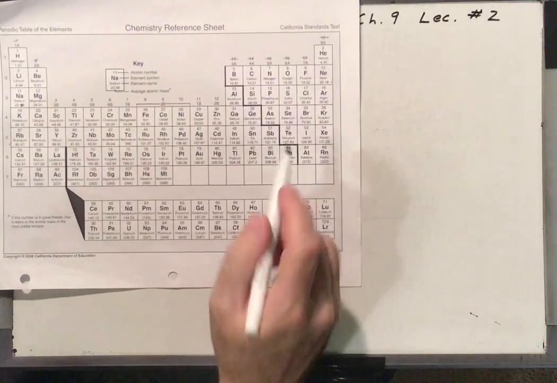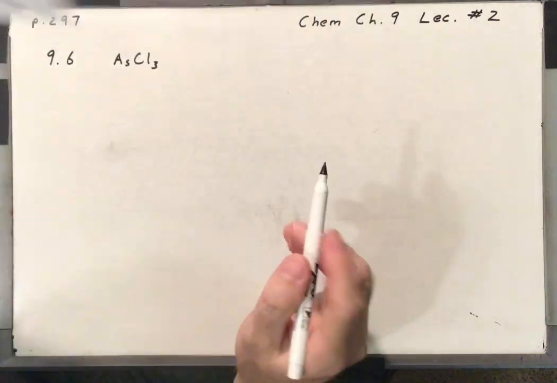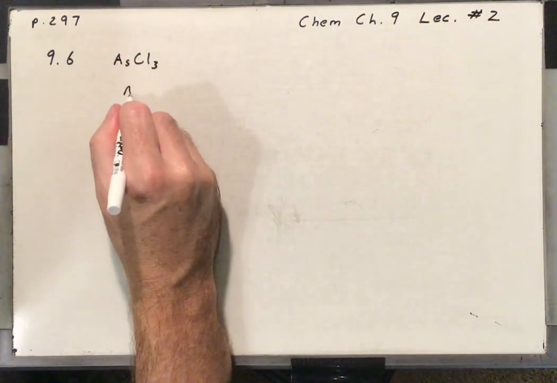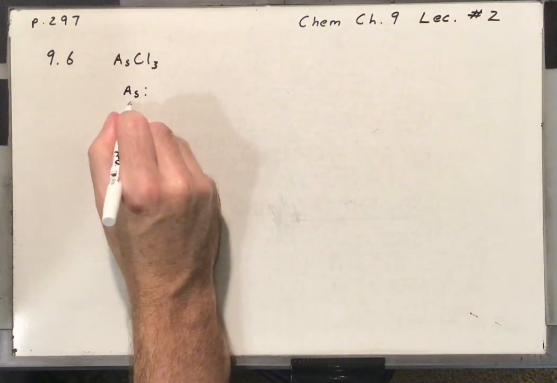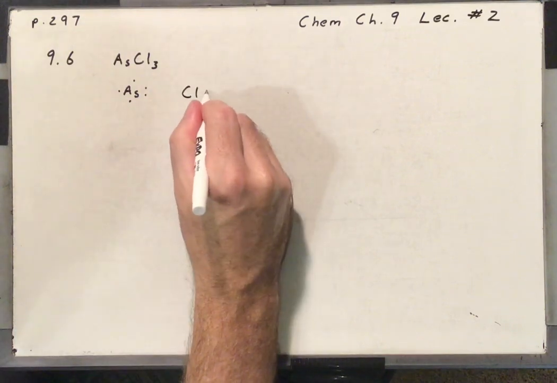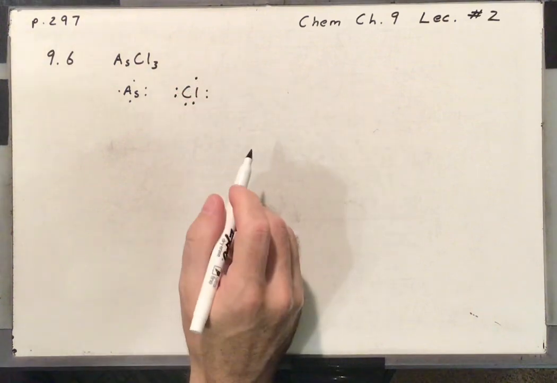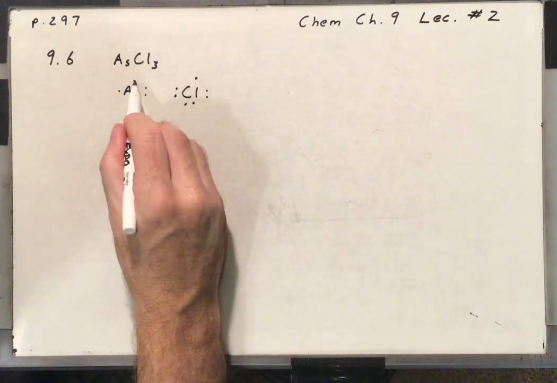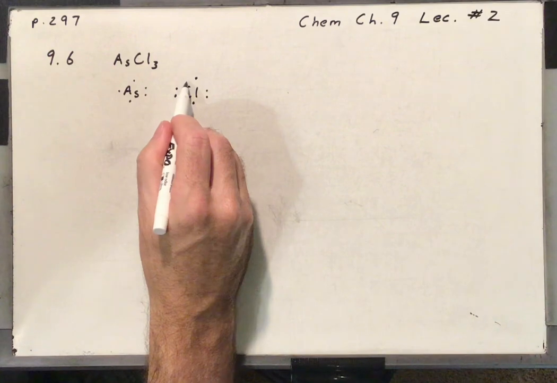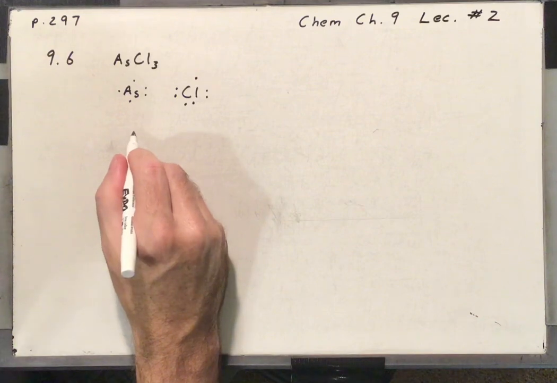Arsenic is in column 5, so it would have 5 valence electrons, a non-metal. And each chlorine, we've drawn chlorine many times, is in column 7. So we have 3 chlorines. Each chlorine can only take a single bond, right, because it has that one open slot. Arsenic would be in the center.